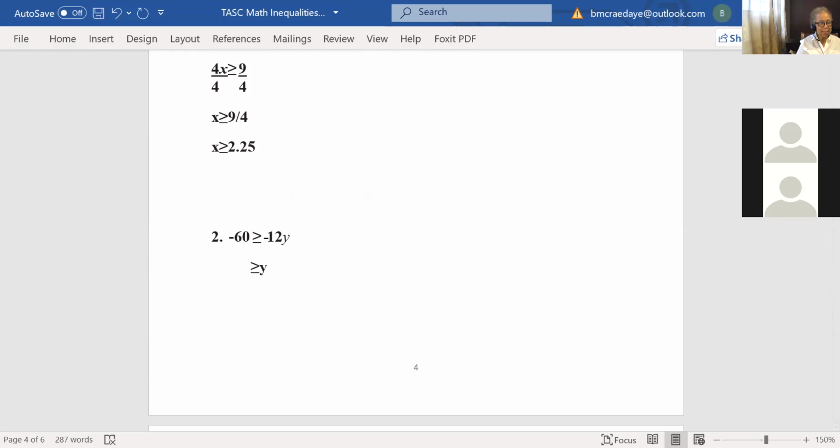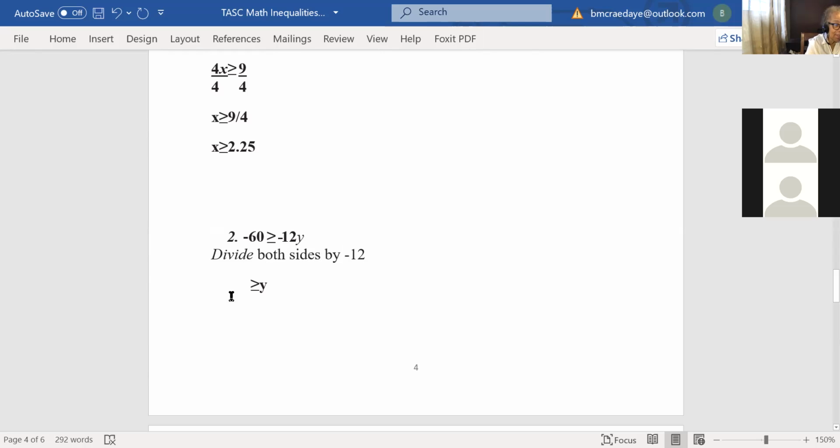So what's minus 60 divided by minus 12? Remember, here you're dividing both sides by minus 12.